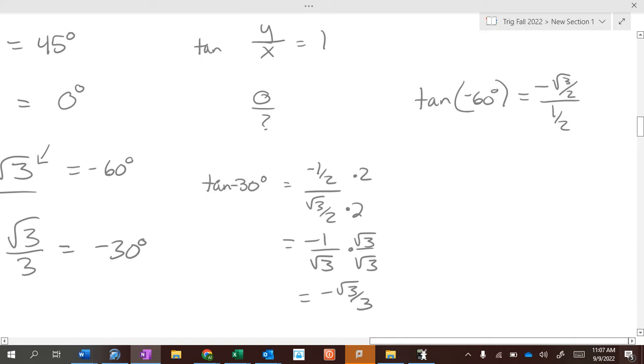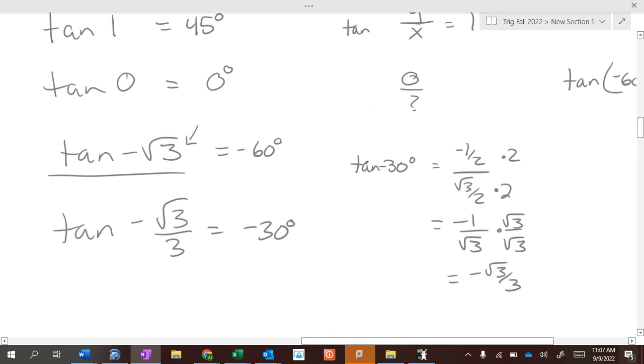So Maggie, how do you get rid of a complex fraction? Multiply by the denominator of the denominator. So multiply each of them by 2. These cancel. 2 and 2 cancel. You're left with negative square root of 3. So negative 60 degrees was correct.